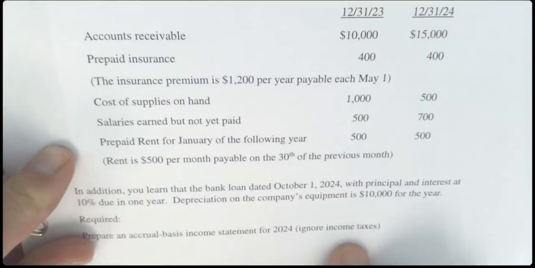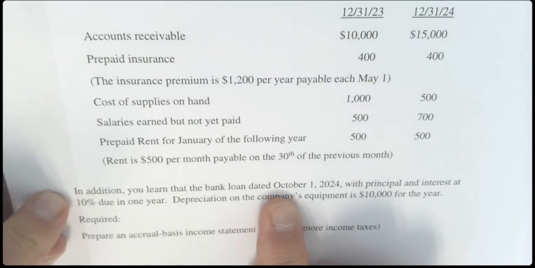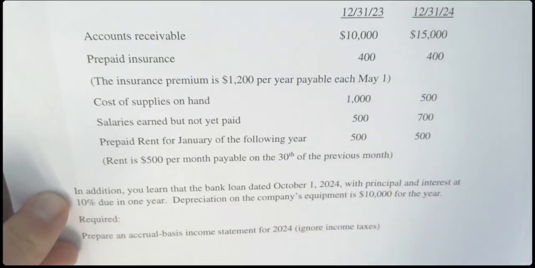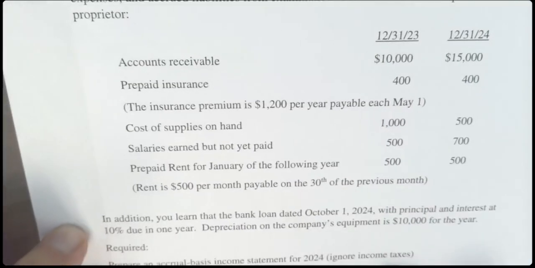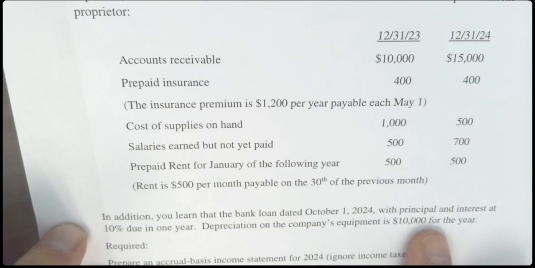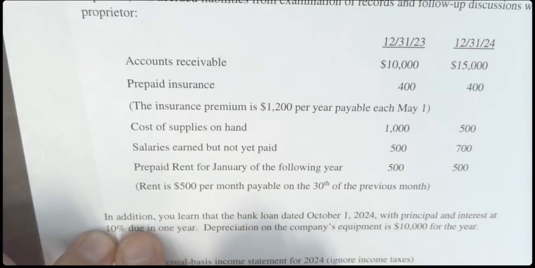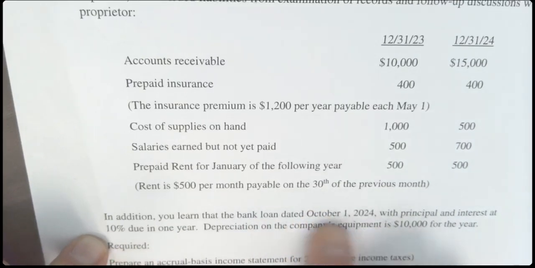In addition, from talking to the owner, you learn that the bank loan was dated October 1, 2024. That's when we took out the loan. The interest on it is 10% for 1 year.